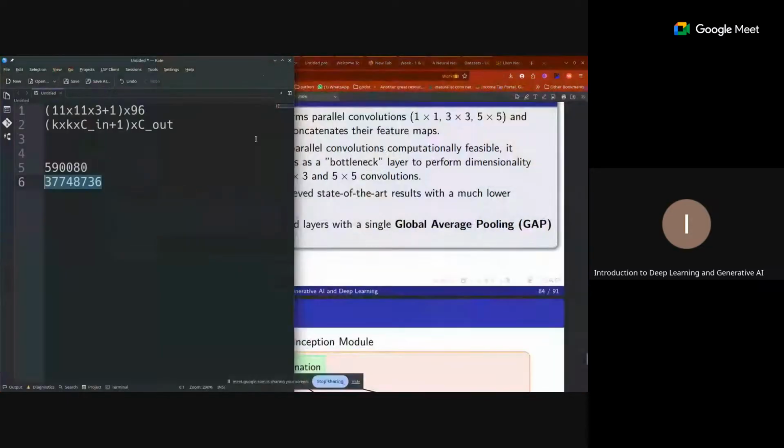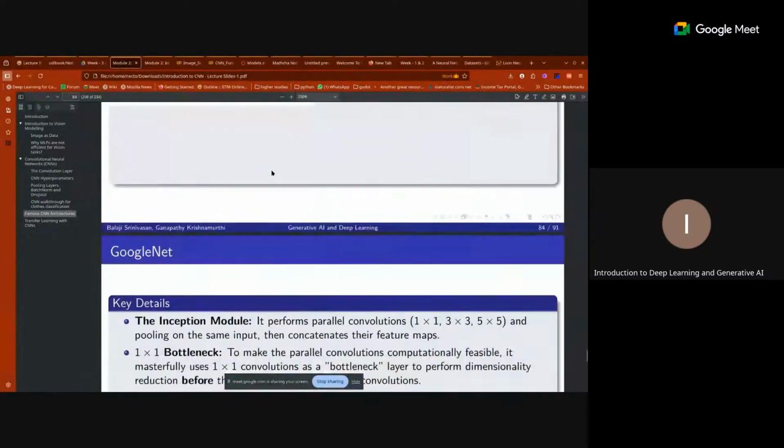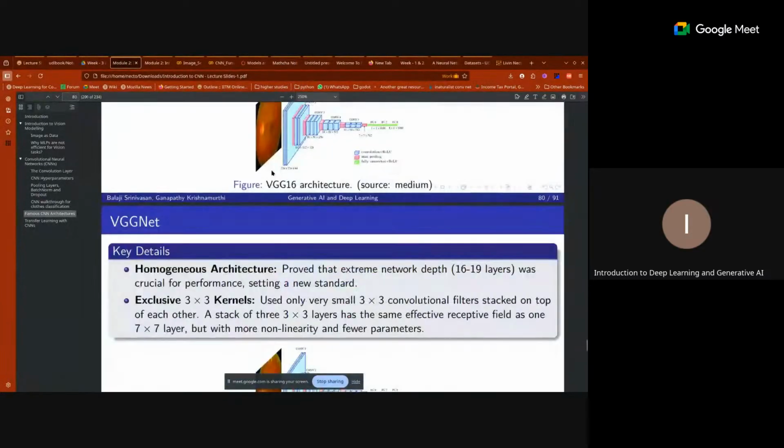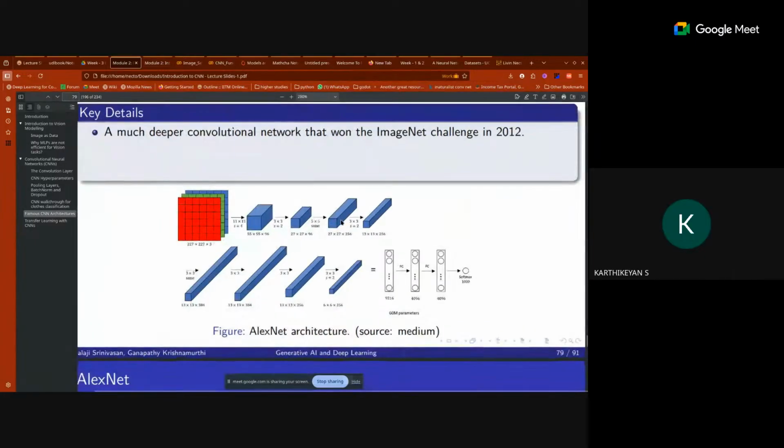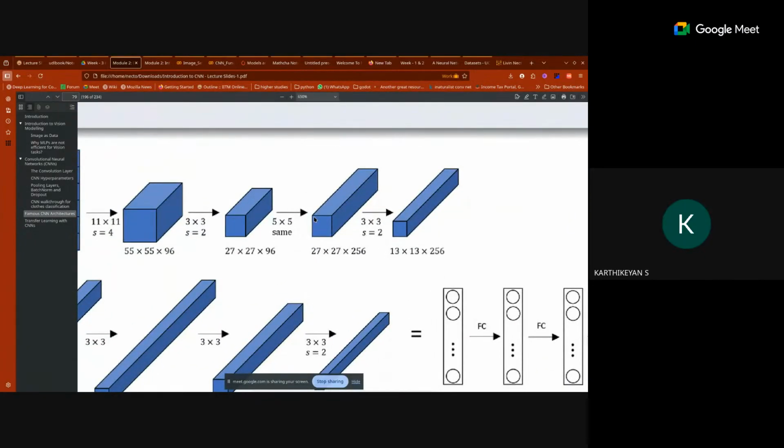So this relates to the one thing that I talked about. Okay, let's see how a one by one convolution looks like, right? As I said, you are using a one by one convolution in this one.